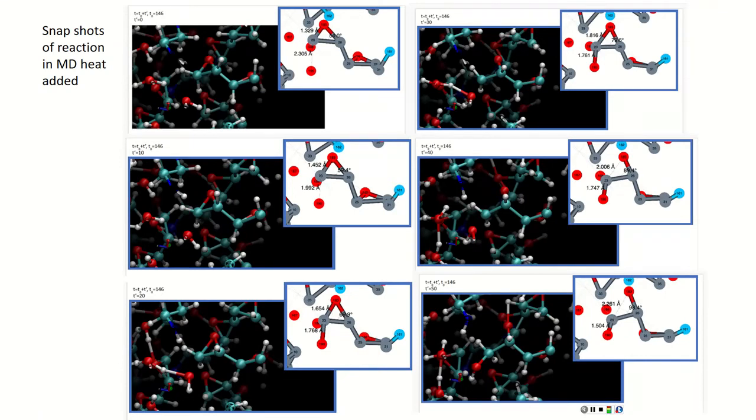And if you follow here, you can see there are some bond distances indicated here. Between the oxygen and the carbon in the epoxy, it starts to increase every 10 time steps.